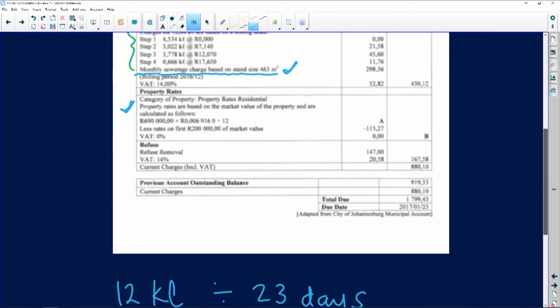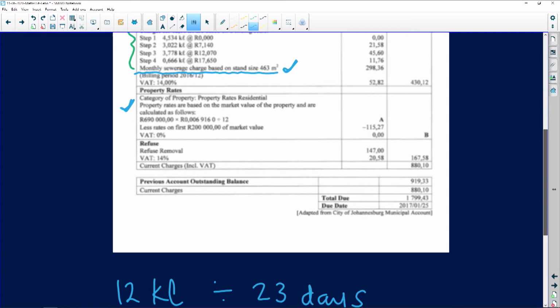The last question that I am going to be doing with you guys says calculate the monthly sewage rate excluding 14% VAT per square meter. So what do we do? We go look at the total and we subtract the 14% of that total. Let's look at what the total is over here. The total that we have been given says to us it includes VAT. So we take that 880 rand and 10 cents.